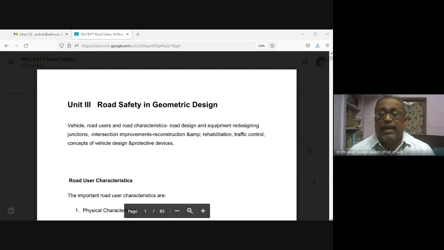For example, a national highway, a state highway, a major district road, a minor district road, or a village road is designated based on the type of road, and again based on width. So based on the size of the road, we decide a particular road as a particular category. And also functionality. Based on functionality also, we classify a particular road into a particular category.